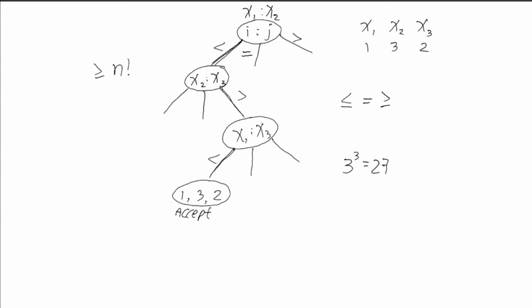Now, the size of the input is 3, and 3 factorial is 3 times 2 times 1 equals 6. And 27 outcomes is greater than or equal to 6.